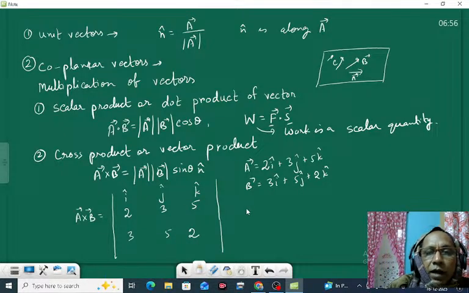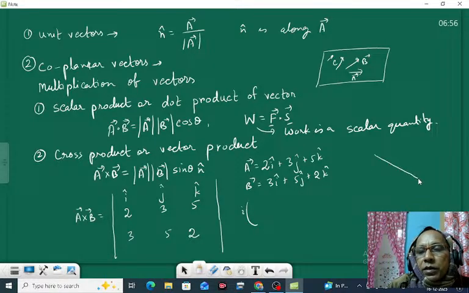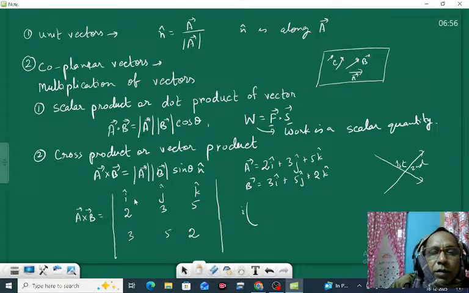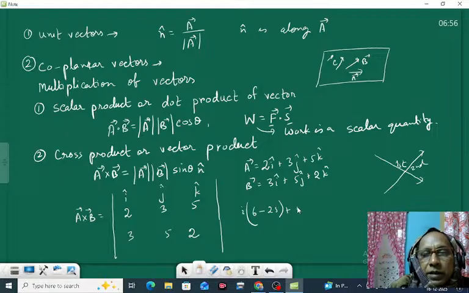First we will take the i vector. Whenever we are taking i, leave this row and this column and multiply the rest: first multiplication and second multiplication. That is 2 into 3, 6, minus 5 into 5, 25. Plus j.